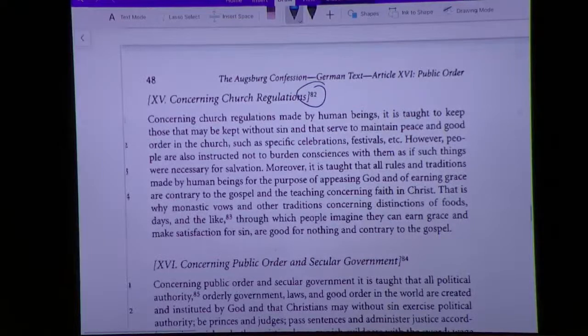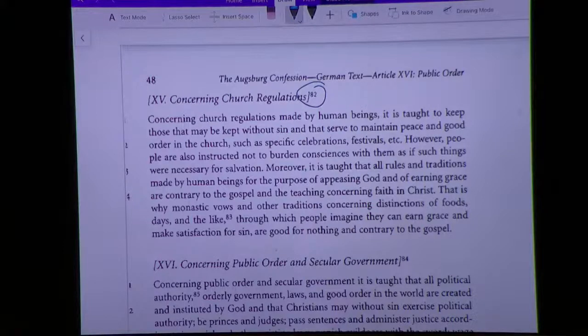So what is this article about? Concerning church regulations made by human beings, it is taught to keep those that may be kept without sin and that serve to maintain peace and good order in the church, such as specific celebrations, festivals, etc. However, people are also instructed not to burden consciences with them as if such things were necessary for salvation.